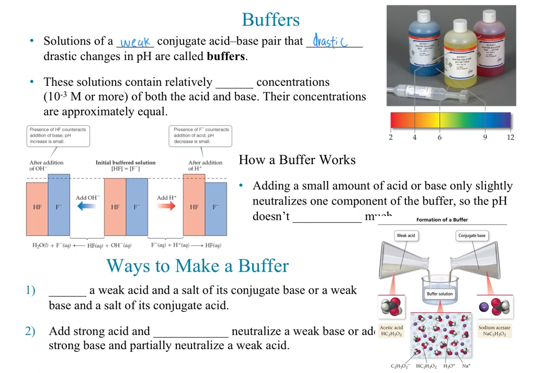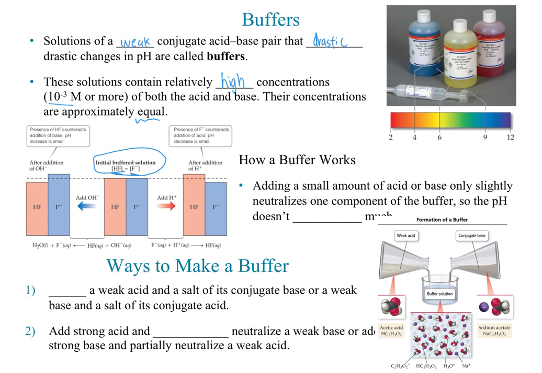So it's pretty cool. To be a buffer, you have to have relatively high concentrations of your acid and base, so higher than 10 to the negative third molar, and they need to be pretty similar in concentration. So you can see this here. Here's a buffer solution where I have hydrofluoric acid and fluoride. There's my conjugate acid-base pair. They're relatively equal concentrations.